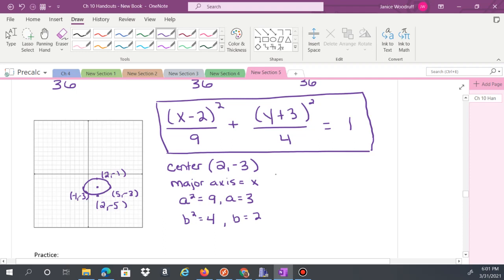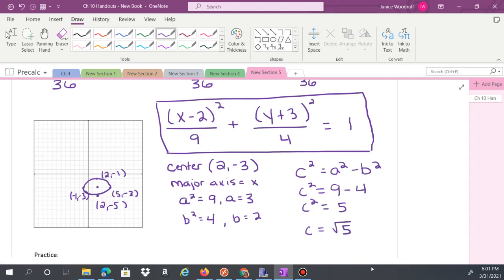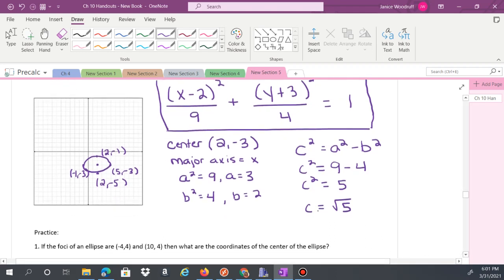I know it didn't ask for the foci, but if it did, c squared equals a squared minus b squared. So it would be 9 minus 4, which would give us 5, so c would be square root of 5. If I wanted the points for that, we would add that to the x value because it's horizontal.